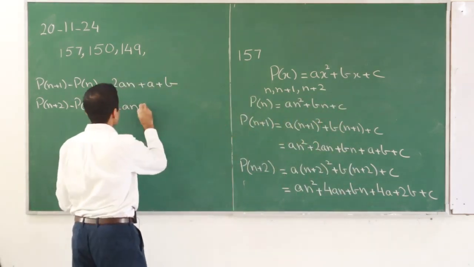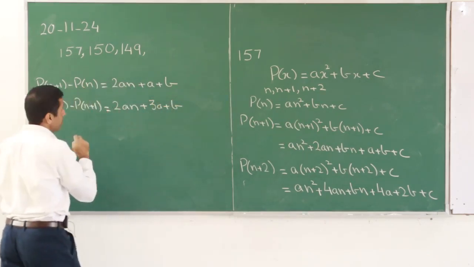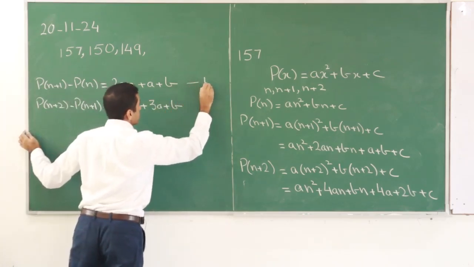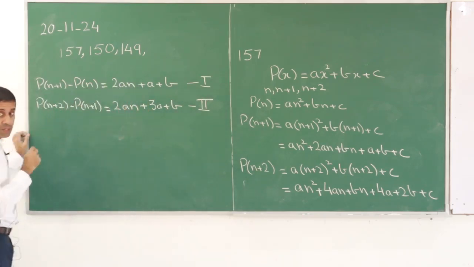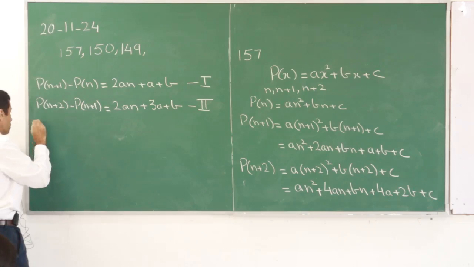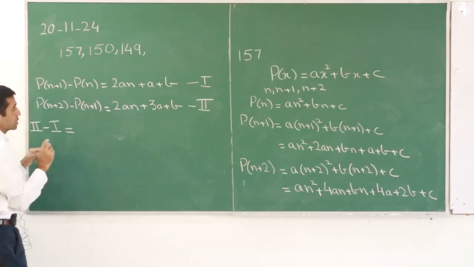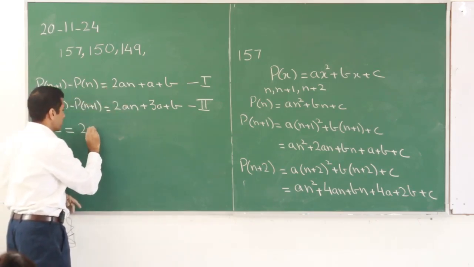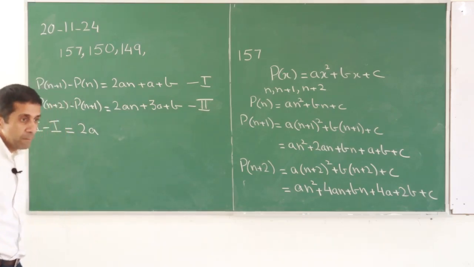Now let's call this equation 1, because I need to care about the differences of differences. So now these are differences, and I care about differences of differences. So I'm going to calculate 2 minus 1, and that's just going to be equal to 2a, and that's the answer, right?